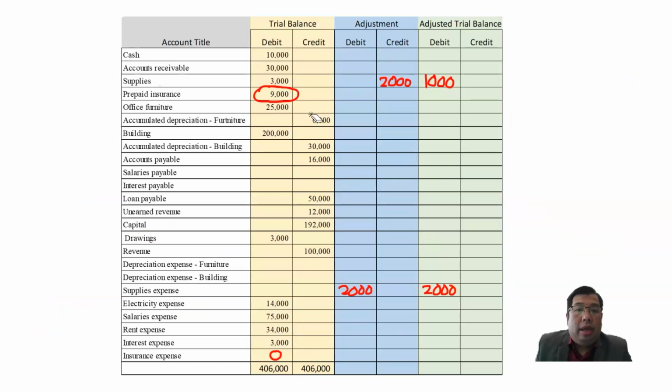So here in your prepaid insurance, I'm going to credit 6,600.